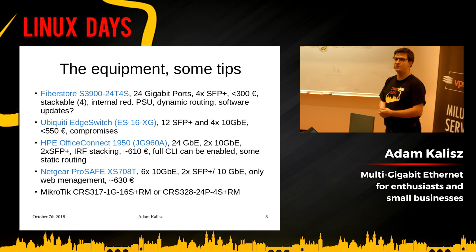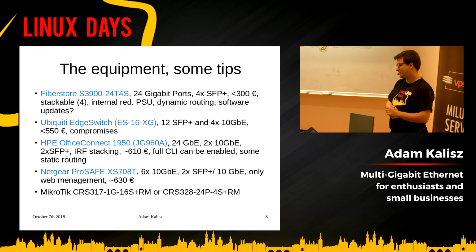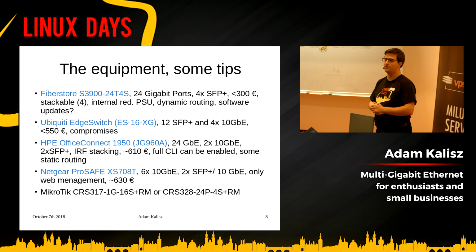This is some serious switching stuff in an inexpensive box, but unfortunately it doesn't have many features that you would like. It has VLANs, it has some static routing, but you should evaluate if you need those additional features, and if it doesn't match, then you shouldn't buy it.